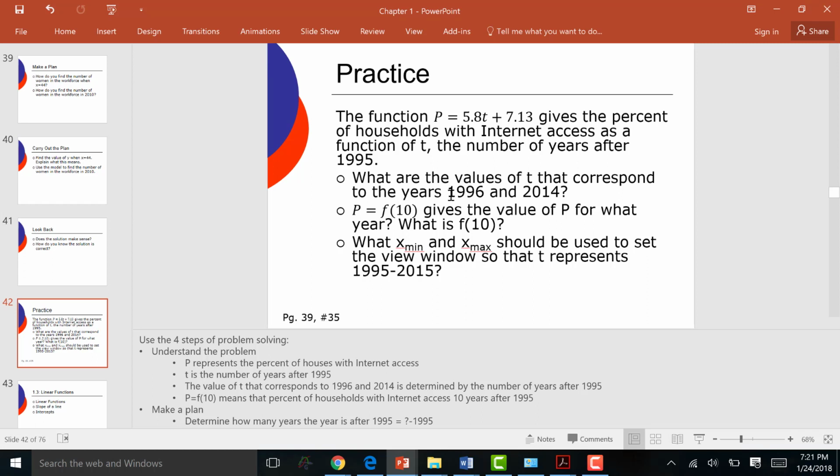What's the maximum number you need? That's the max. So it just says how wide should the x-axis be? So 0 to 19. Well, let's see, is this? It wants 2015, so you've got to go to 20. So over here, this will be 20 years after 1995 is 2015.